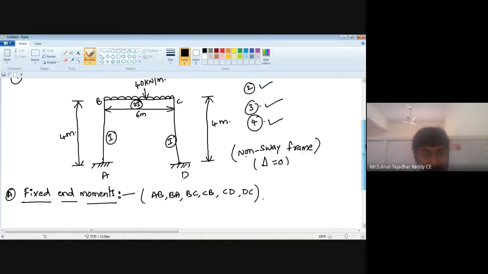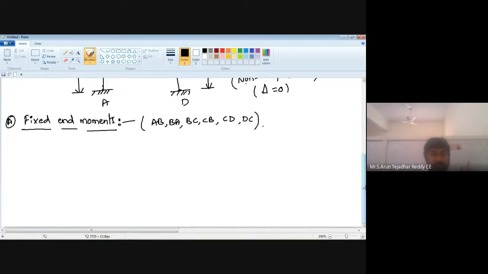So first one is fixed end moments. Here M, F means fixed end moment for AB. Next, fixed end moment for BA. Next, fixed end moment for BC, fixed end moment for CB.